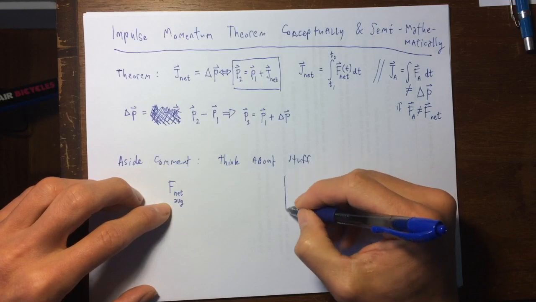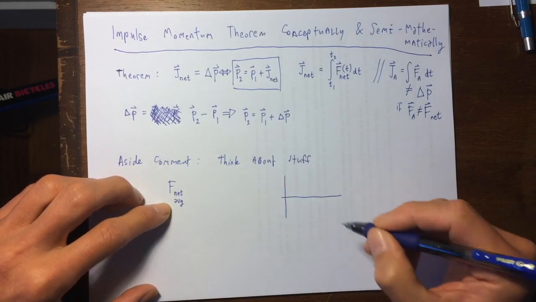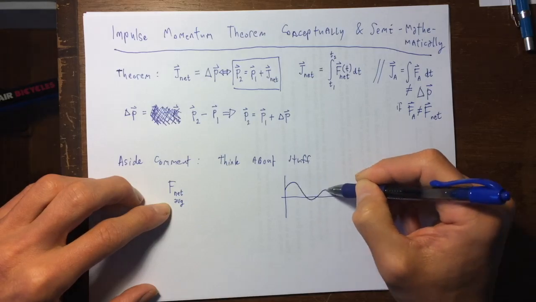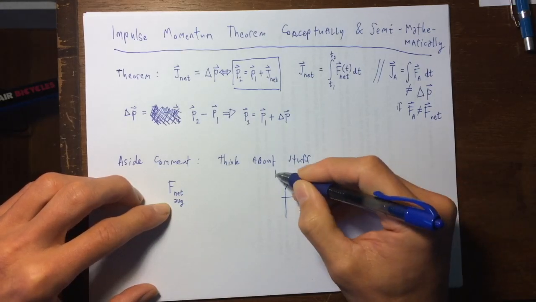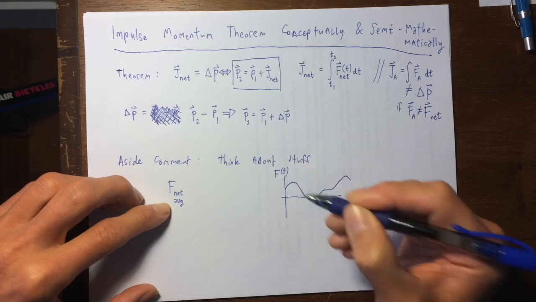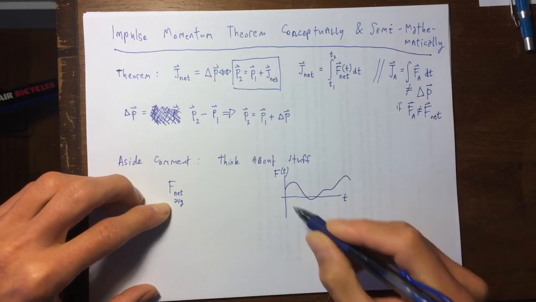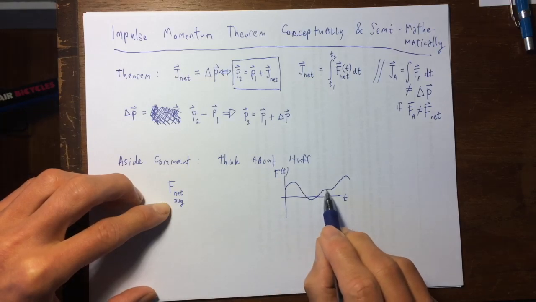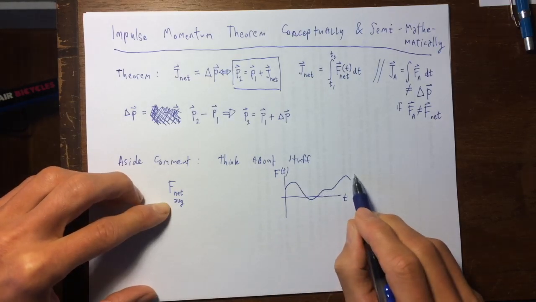So let me draw a picture of a force that's changing in time. Here is a force whose value is changing in time, right? So here is f as a function of t. And it's this kind of crazy function. It gets big, then small, then comes up, but then kind of relaxes and then gets strong again.